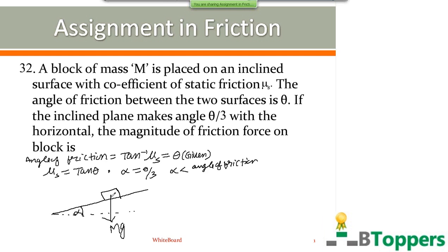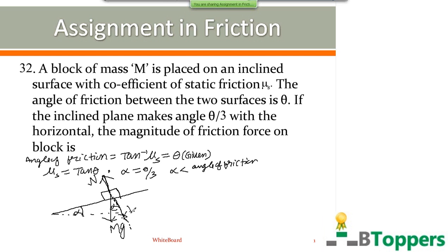The weight mg acts vertically downwards. The normal reaction force on the block by the inclined plane acts perpendicular to the inclined surface, directed away from the inclined surface. If the line of action of the normal reaction is produced backwards, the angle between it and the weight mg will be the same as the angle of inclination alpha of the inclined plane to the horizontal.